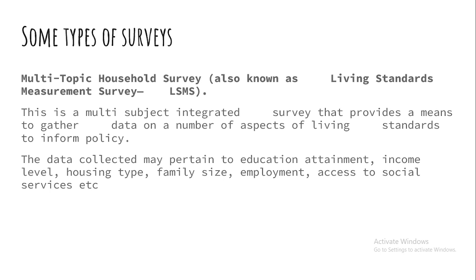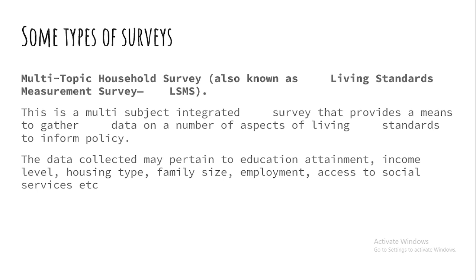And right now we're going to look at some types of surveys under the baseline surveys. One is the multi-topic household survey, also known as the Living Standards Measurement Survey. This is a multi-subject integrated survey that provides a means to gather data on a number of aspects of living standards to inform policy. The data collected may pertain to education attainment, income level, housing type, family size, employment, and access to social services.